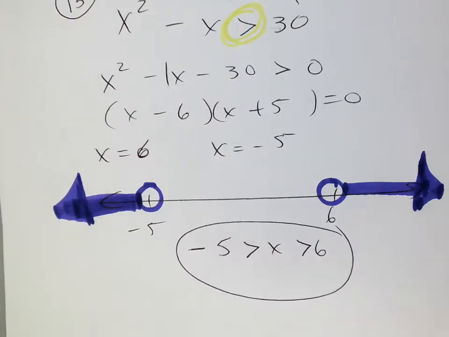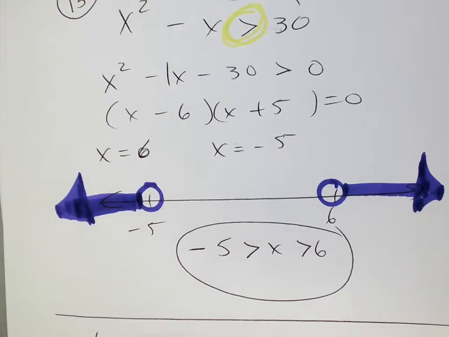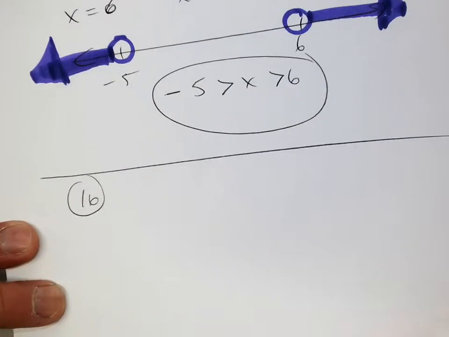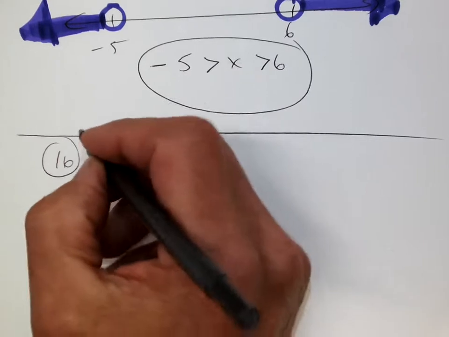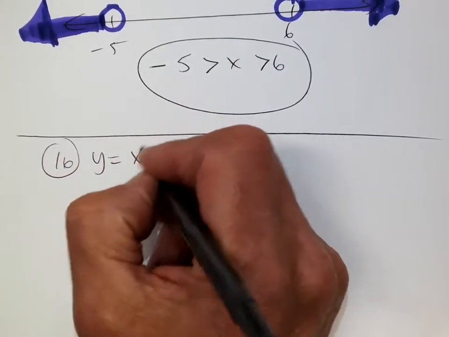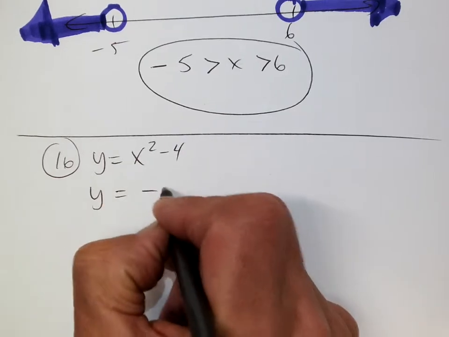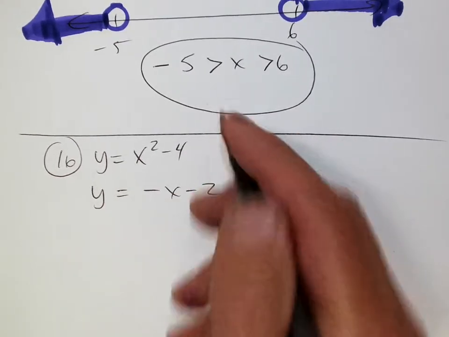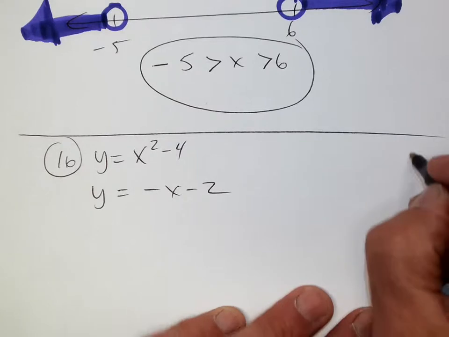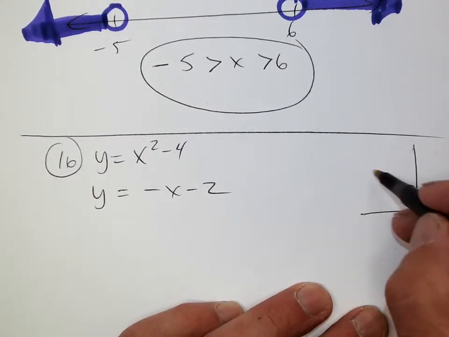Now, on the next one, 16. Before I do 16, let's take a look at a visual. y equals x squared minus 4, and y equals negative x minus 2. Okay, now it looks like this, and we're not going to do it algebraically, but it looks like this.